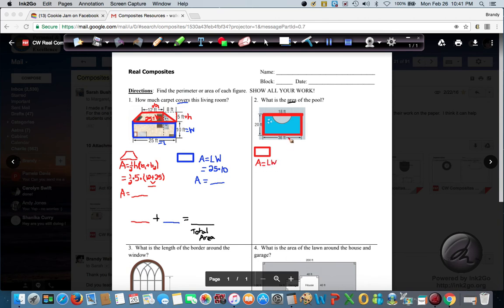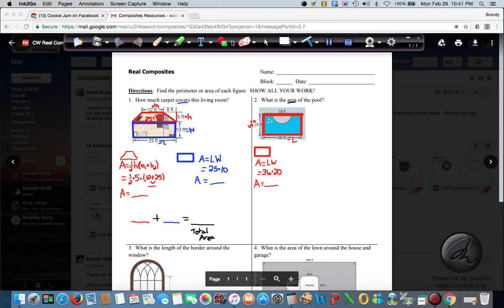I'm going to make my length 36. And again, remember, it doesn't matter which you make the length or width because you're just multiplying them. So we multiply 36 times 20. And that's the area of the rectangle.